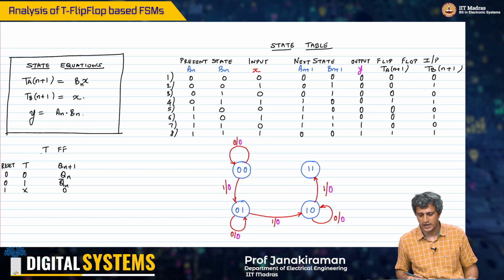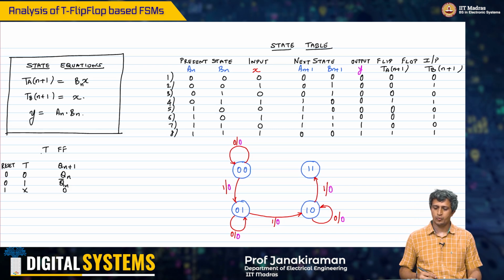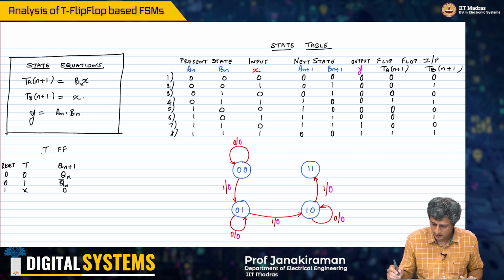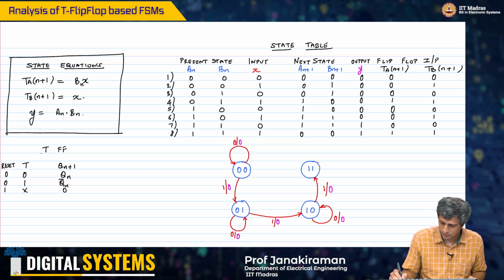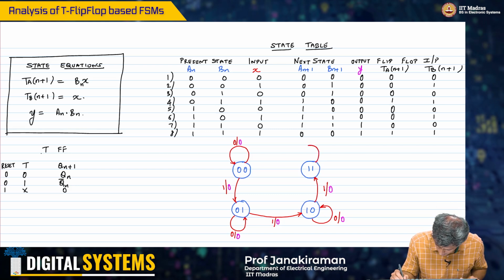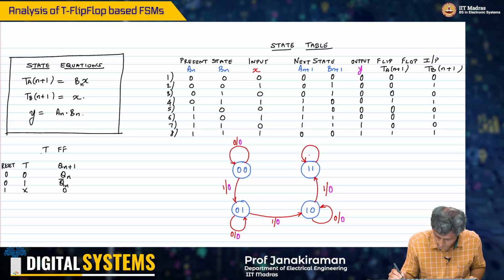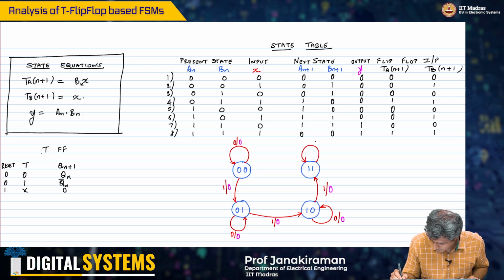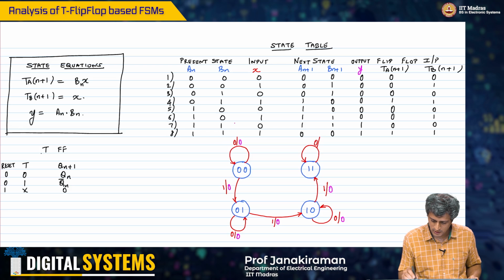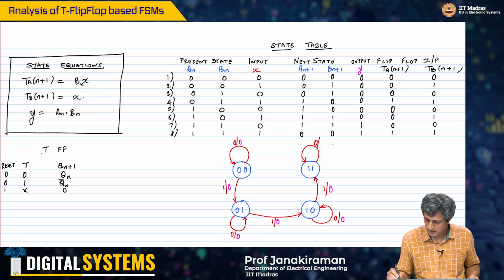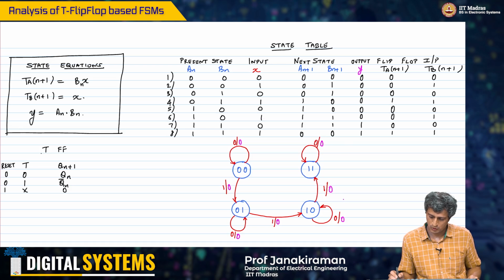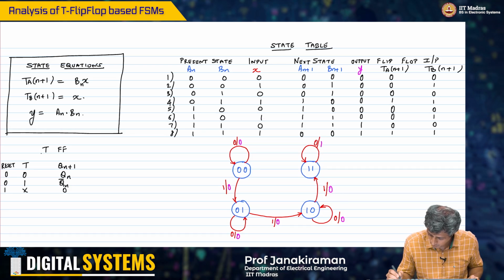If the state is 1 1 and the input is a 0, then I am at 1 1, right? So what do I do? I'm going to now remain at this state here. Okay, so the output is... no, output is a 1 now, right?